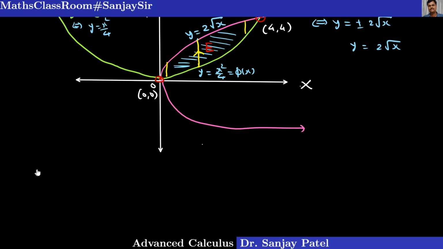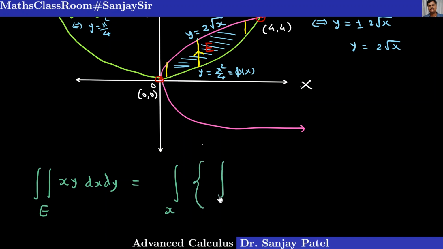So the double integral which is required, of the function x into y given in the problem over the region of integration E, I can write like this: x is equal to something, and y from the parabola y is equal to x square by 4 to the parabola y is equal to 2 root x, of x into y, first with respect to y and then with respect to x.